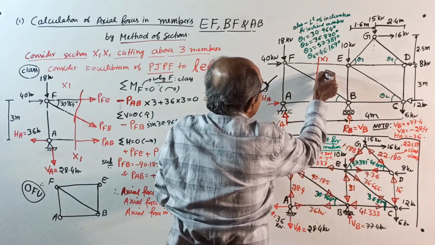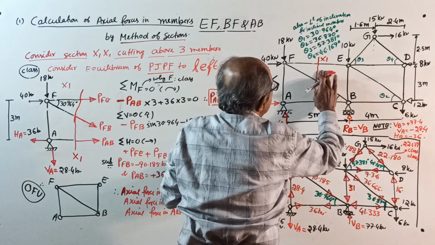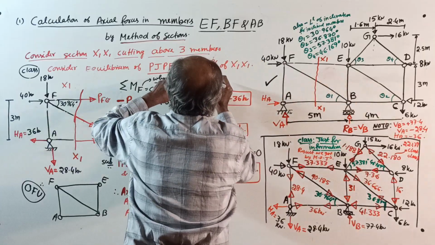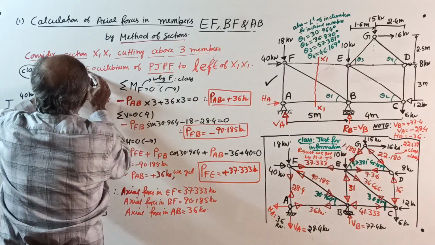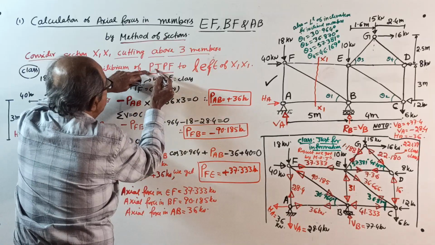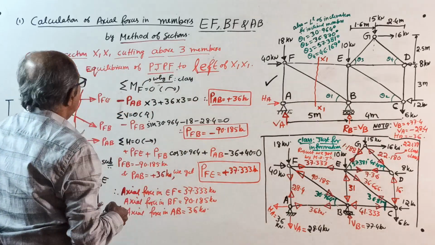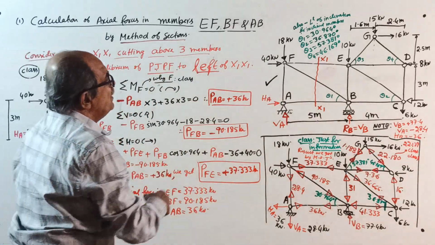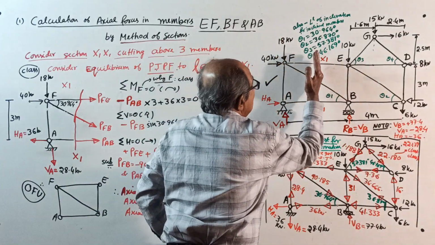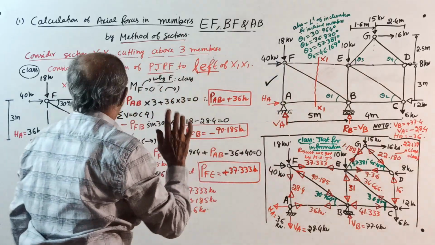See here. Look at the left side. Consider the equilibrium of the pin-jointed plane frame to the left of X1, X1. Draw a neat sketch. You are considering equilibrium of the left side, so look at this side. F and A are intact joints.